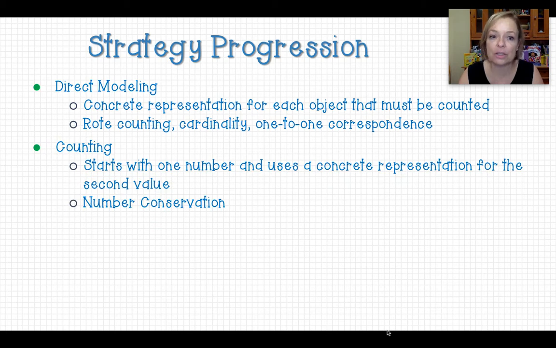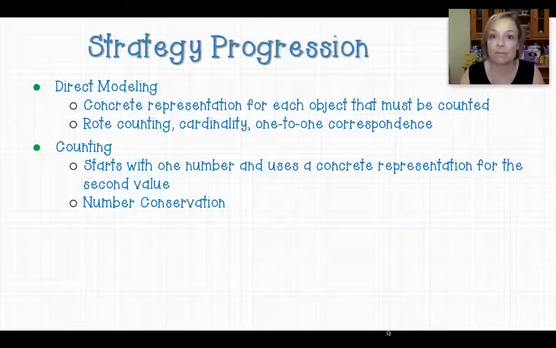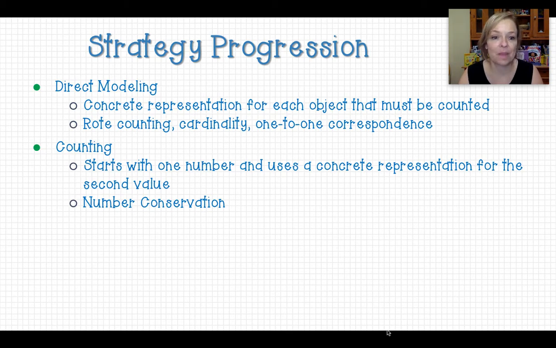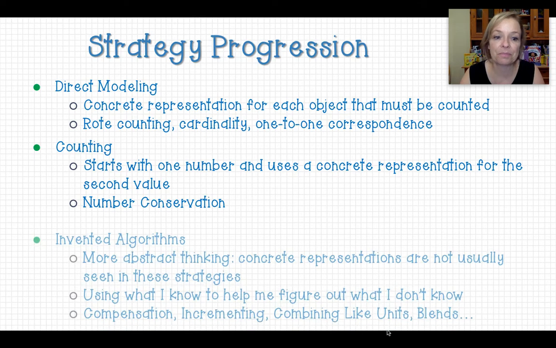Counting strategy starts with one number and uses a concrete representation for the second number. This might be a representation like a tally mark. It could be a number. It could be a finger. Students who are able to engage in counting strategies have number conservation and understand that they can start counting at 28 without representing all those 28 items.